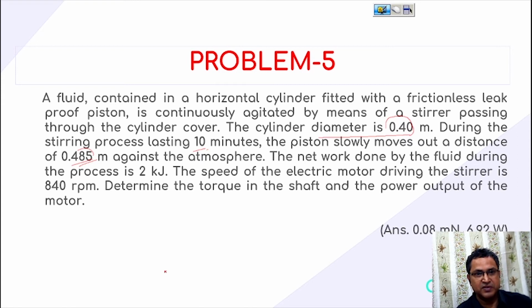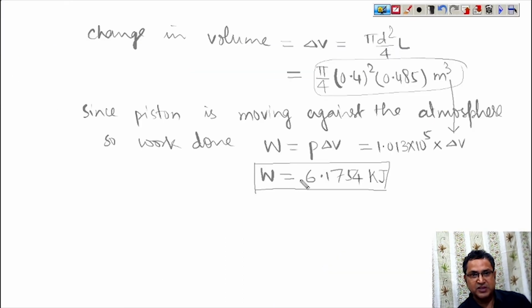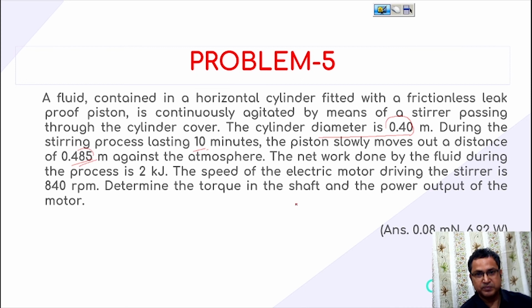This much amount of the work has been done, and it is given that the net work done by the fluid during the process is 2 kilojoule. This much amount of the work has been done by the piston. So what is the work done by the power motor?